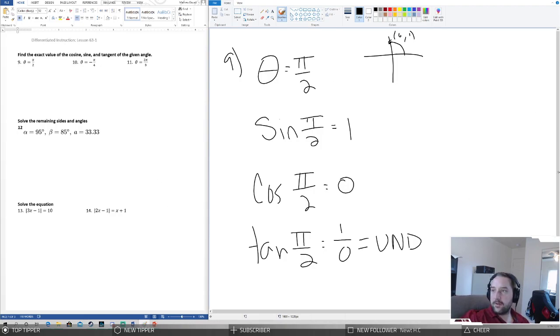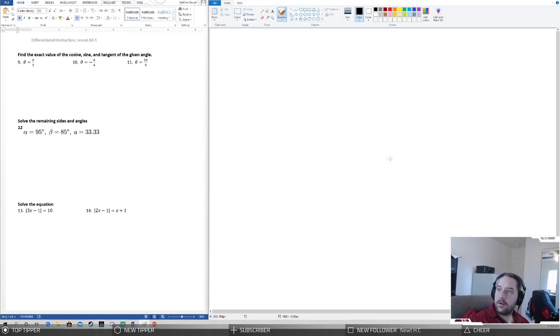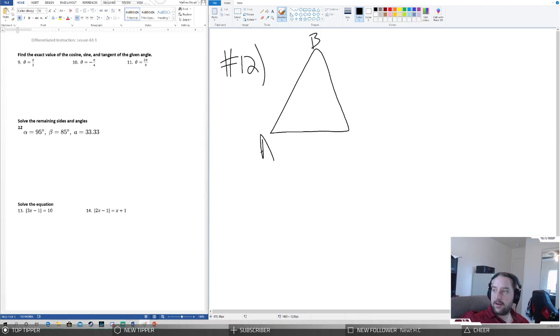All right, next one. Number 12. So we have a triangle, alpha, beta, gamma. We'll just say ABC, why not? Just makes it a little easier for us. So if I know that that's 95 degrees and B is 85 degrees and side A is 33.33, this is angle, angle, side. So I know that that's law of sines.